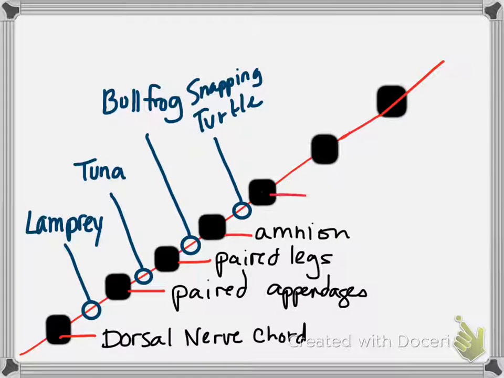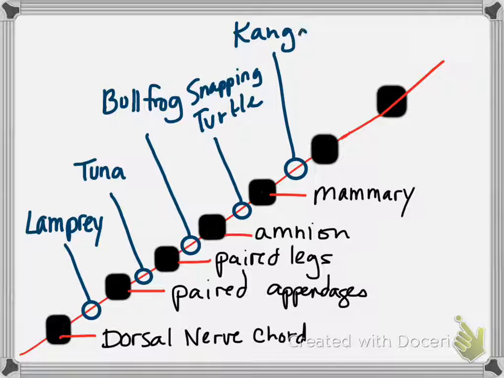Okay, next characteristic. Mammary glands. So remember, you can't milk a turtle. And what is that? Kangaroo. After mammary glands, we see the development of a placenta.